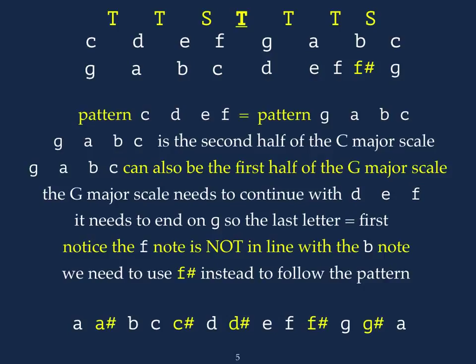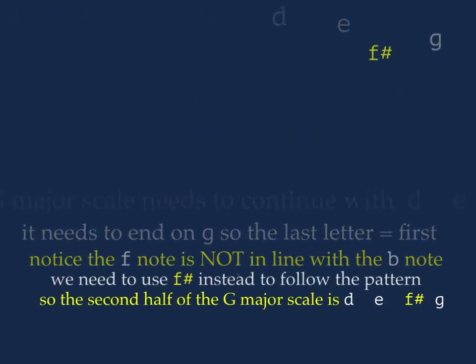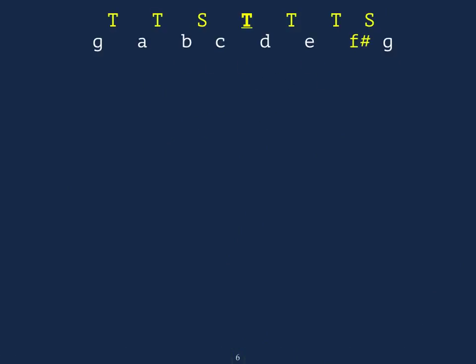There it is at the top, F sharp, and we'll take away the F because we can only use the F once, whether or not it has a sharp. Now we can also see that F sharp to G is a semitone. So the second half of the G major scale is D, E, F sharp, G. There it is again.